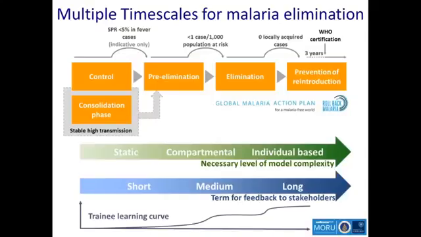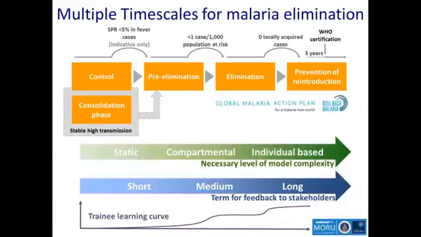So there are multiple timescales for malaria elimination. And because it takes a long time to get a model that's useful at this stage, we can actually help along the way, and we can piggyback on these multiple timescales to support each step of the process with mathematical models.